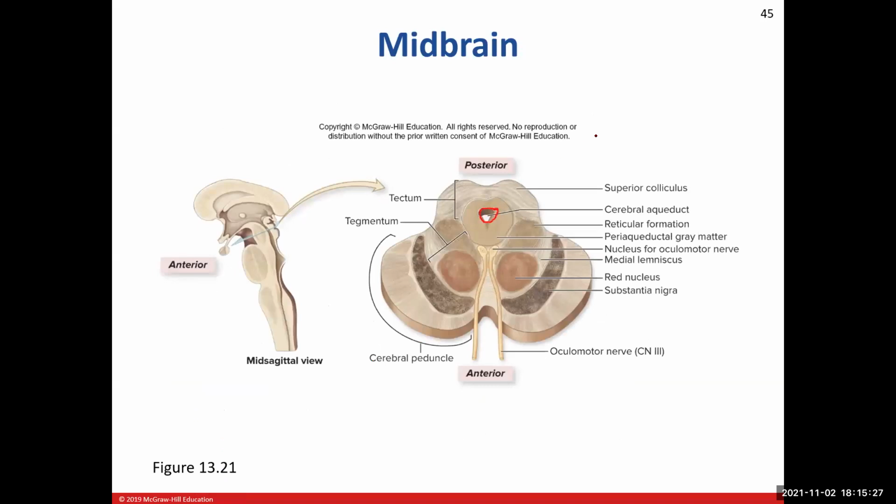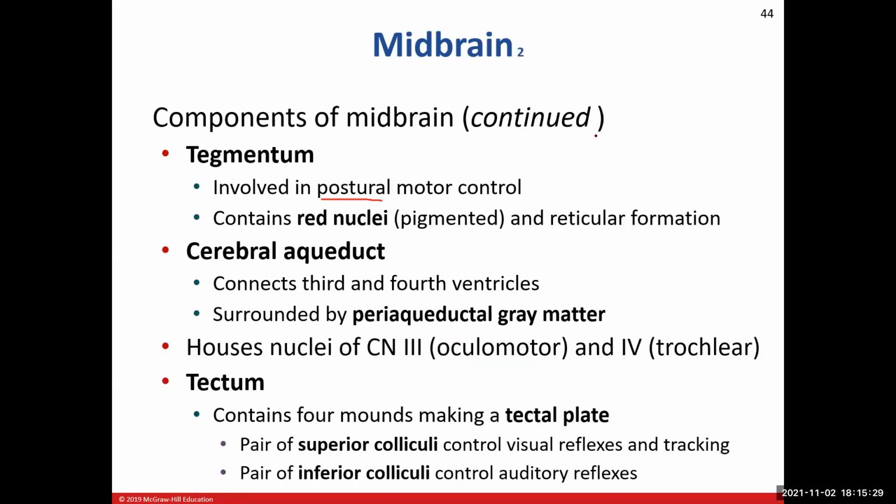The cerebral aqueduct is this tube-like structure that connects the third ventricle with the fourth ventricle. Today in lab, we'll go over the ventricles, but the third and fourth ventricles are filled with cerebrospinal fluid.